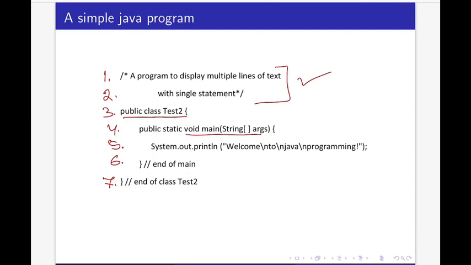So in line number 5 you can see, first it is going to print welcome on the screen, then \n. So \n means it is the new line character, or the cursor moves to the next line. Then 2 is there, so it is going to print 2. Now again \n is there, so the cursor moves to the next line.